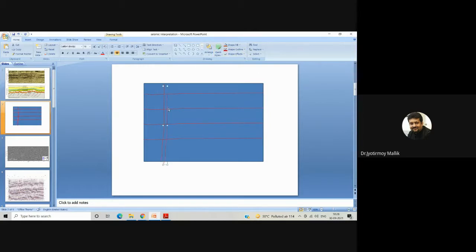Line 1, line 2, line 3, line 8. Now suppose I will have my sources here, and then I will have my detectors maybe here, placed at regular intervals.